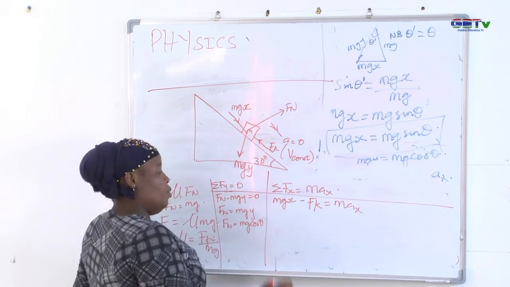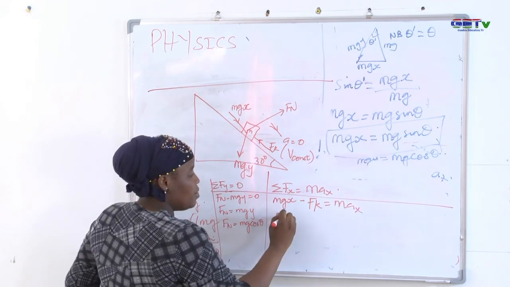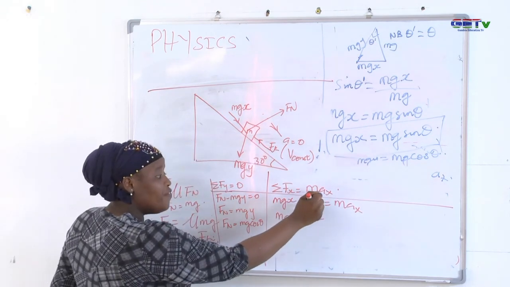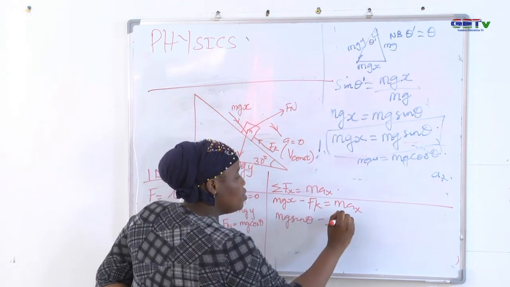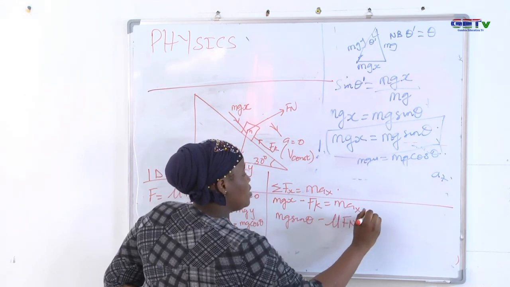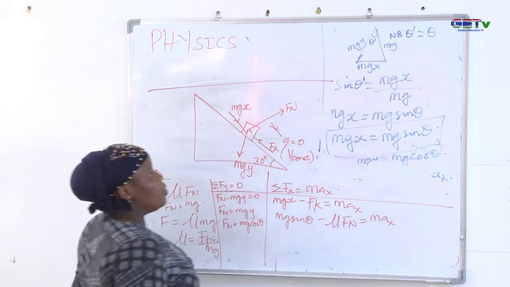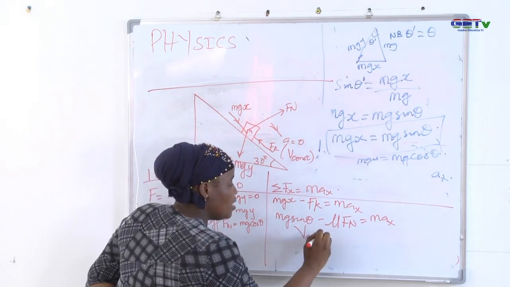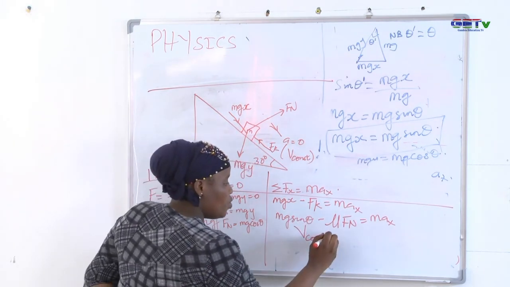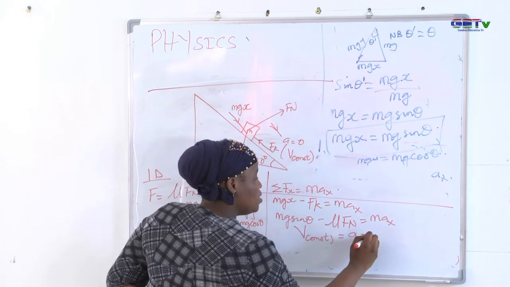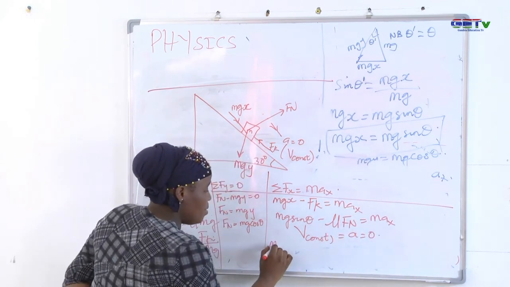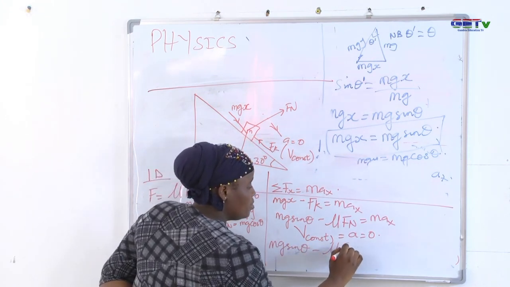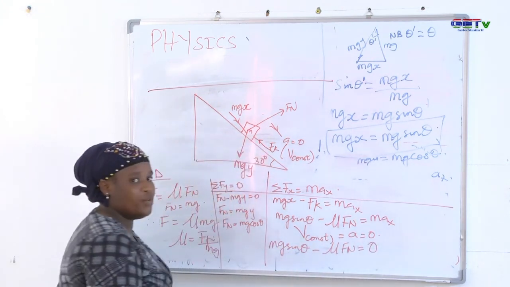We substitute mg of x as mg sine theta minus mu k Fk, which is the same as mu times Fn, which is equivalent to ma of x. But then the question says the block slides with a constant velocity. And we know when that happens, a will always be 0. This gives us mg sine theta minus mu Fn is equivalent to 0, times ma, which is 0.